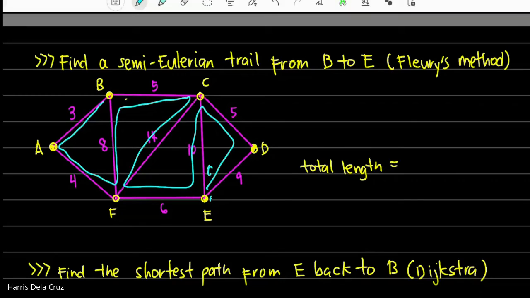Tama? I-add mo lang naman kasi dinaanan mo pa lang only once eh. So 3 plus 4 plus 8 plus 5 plus 14 plus 6 plus 10 plus 5 plus 9. So the graph has a total weight of 63.